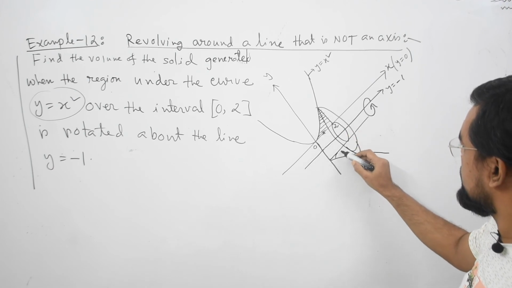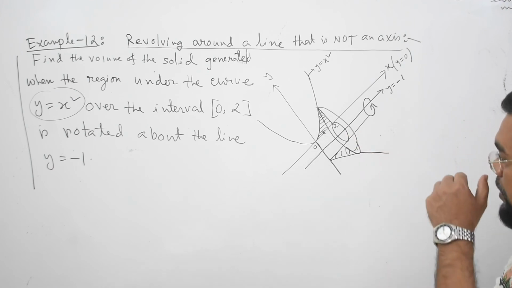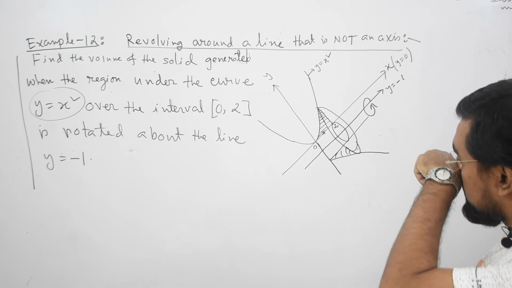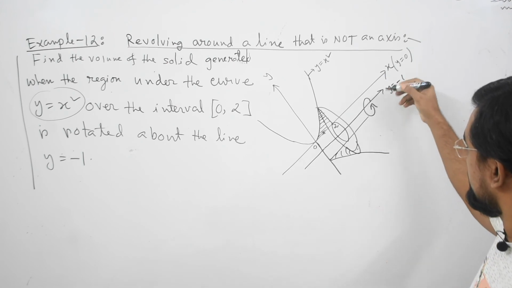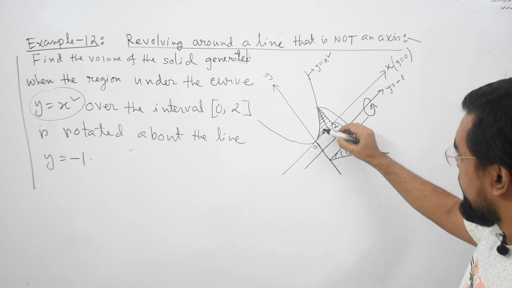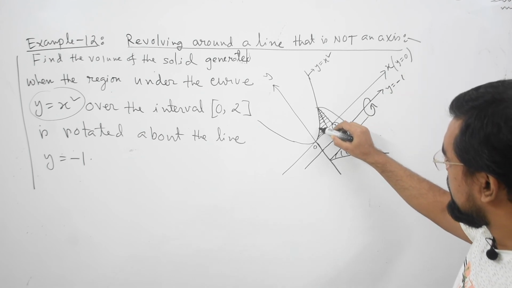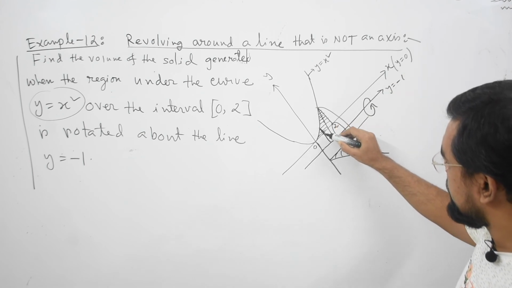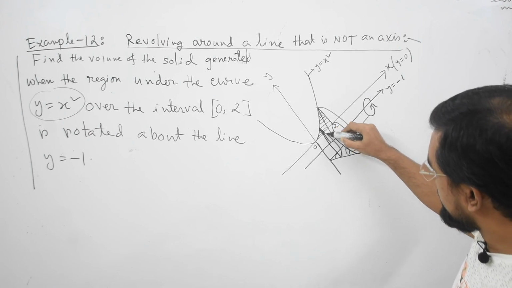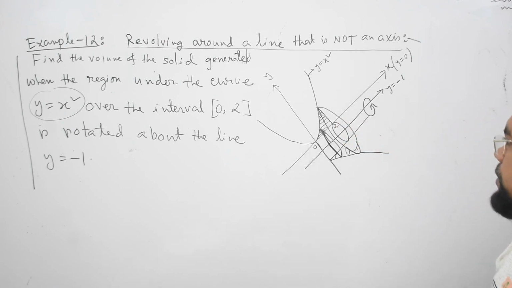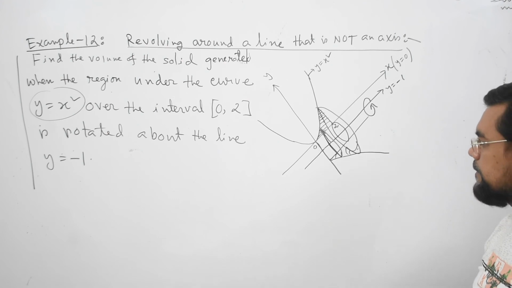So this is the solid part. And now, since you are revolving about a line which is parallel to the x-axis, your cross section will be perpendicular to the x-axis. If you take a cross section here, this one will be perpendicular to the x-axis.